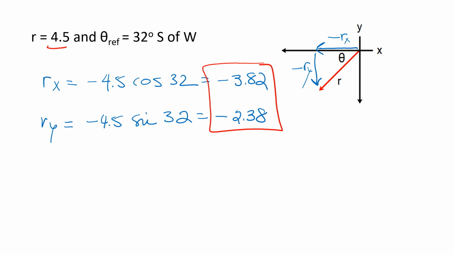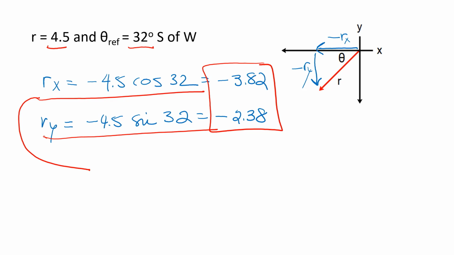So magnitude, direction, xy component, Cartesian coordinates, or Cartesian components. Okay, so what other way could I have accomplished this one? Well, I could have done both of them the same way.